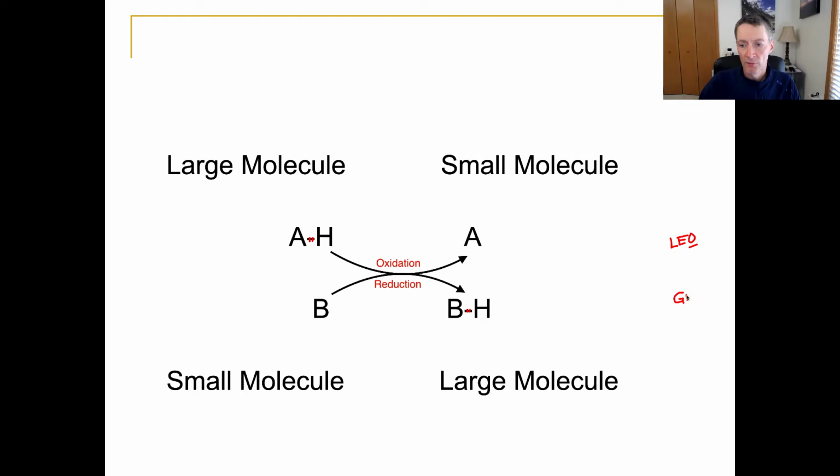Gain of electrons is reduction. Okay, and that's what's going on down here. Or you can think OIL RIG. OIL RIG is oxidation is loss. Oxidation is a loss of electrons. And reduction is a gain of electrons. All right, so that might help you to remember these.